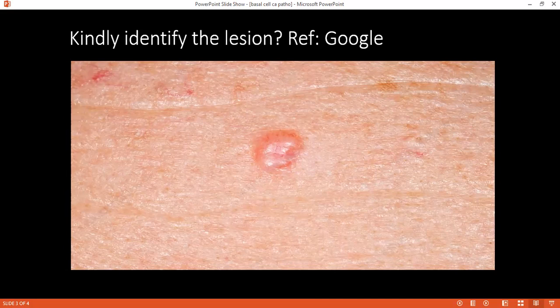We like to explain the disease, and we encourage the patient to avoid sunlight, and they can use some topical cream to avoid the sun exposure.